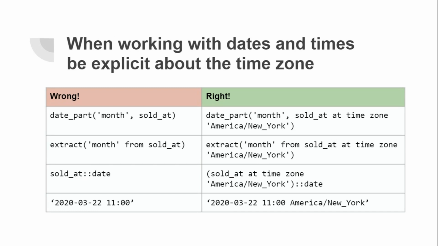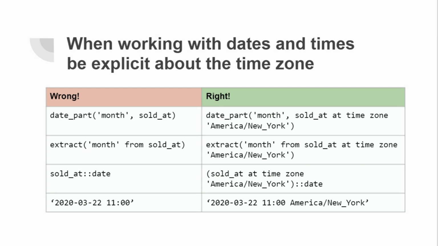I did a little summary of the common mistakes I see very, very often. I see this in dashboard reports, code reviews. The left column is the wrong way of doing it, and the right is the right way of doing it. The difference in all of these cases is that when you use a date, or when you manipulate the date, you always want to explicitly set the time zone for it.